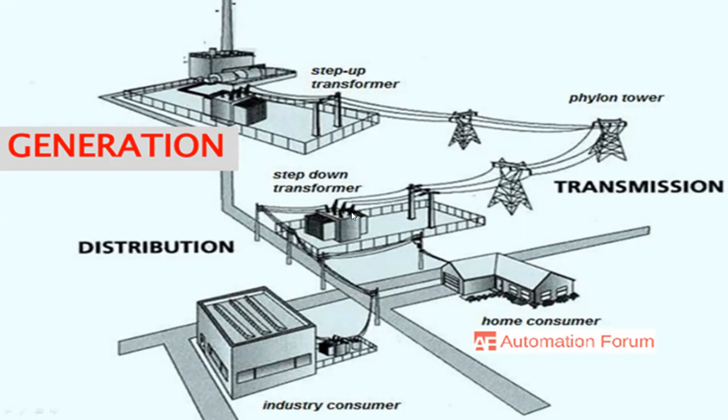Then at the distribution, there are again step-down transformers, bringing it down to 33 kV or less. And from then onwards, it goes to industry and home consumers. And we have the local substations and the colonies where the voltage is further stepped down from 11 kV to 440 volts. 33 kV to 11 kV, 11 kV to 440 volts and 240 volts, which are used for household purposes.